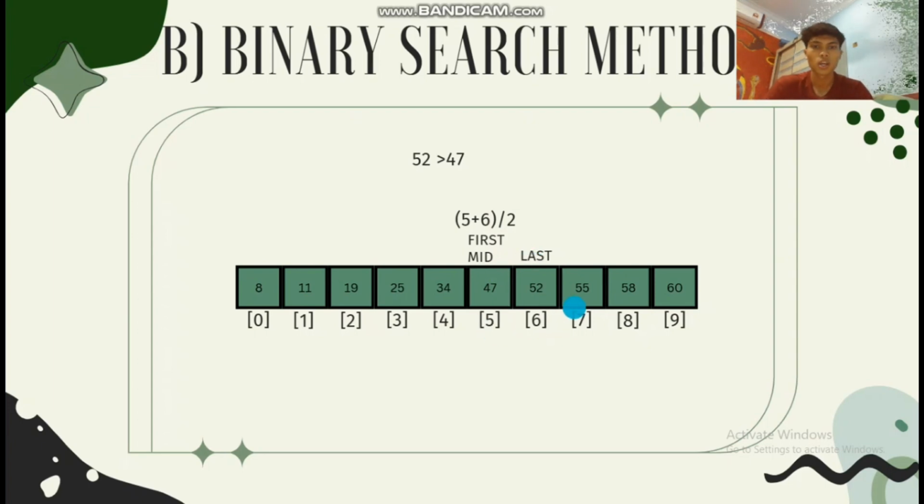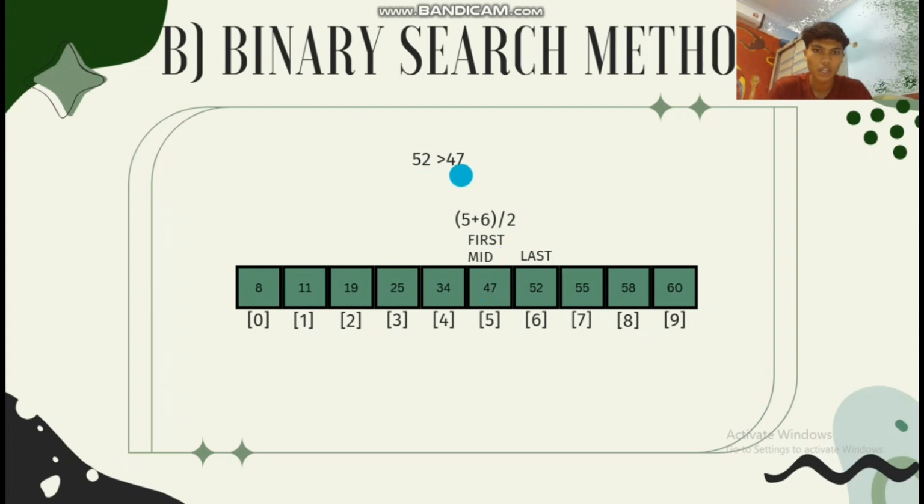So the first index plus the last index, 5 plus 6, is 11, and divided by 2 gets 5.5. So we declare that 5.5 is 5.